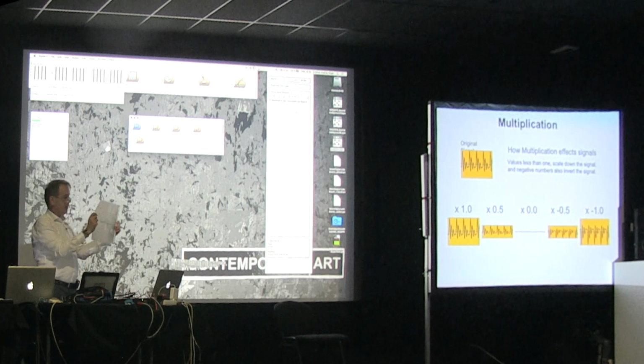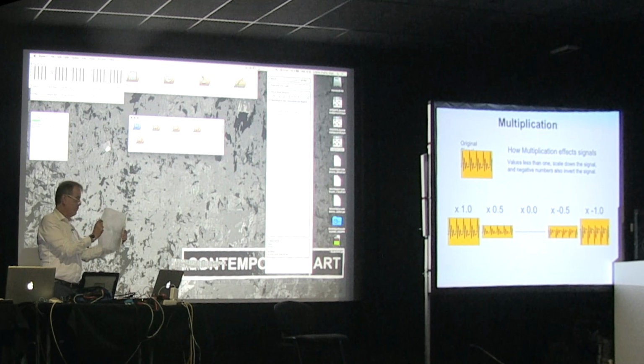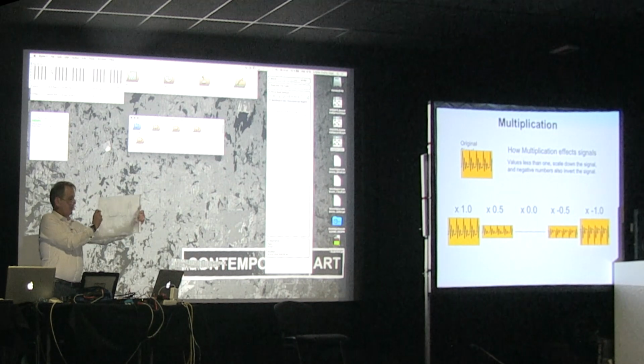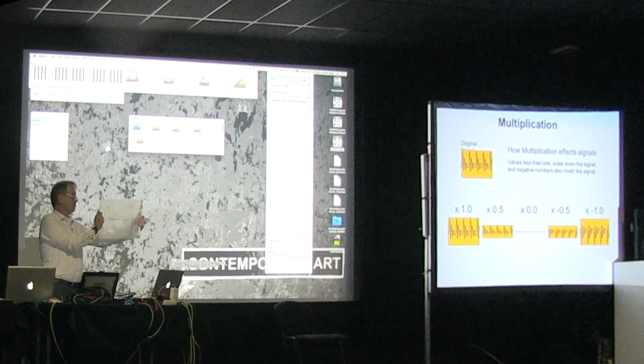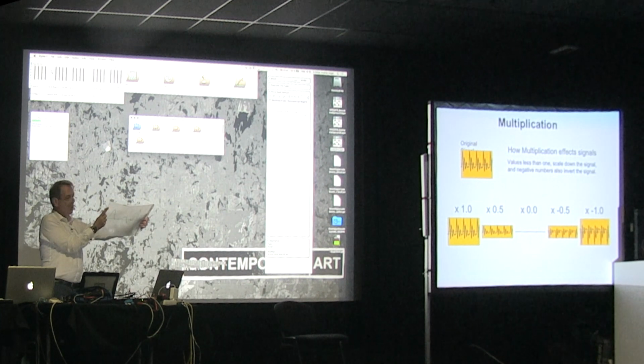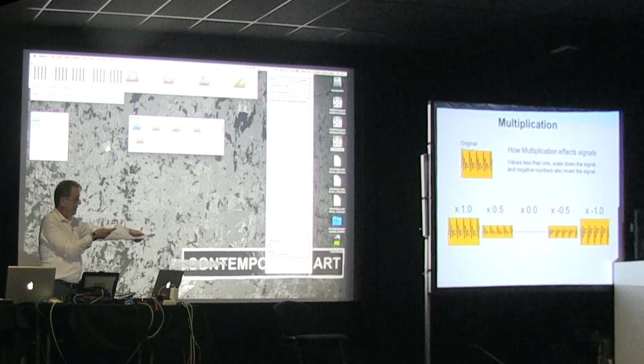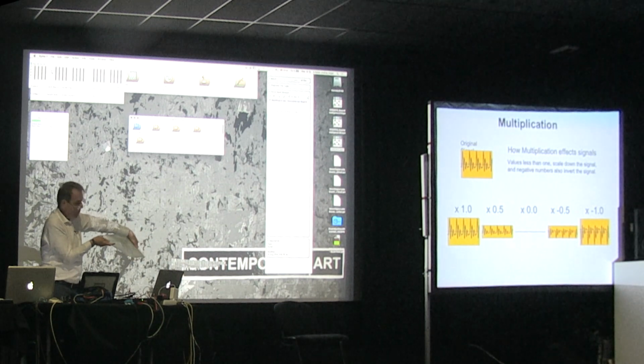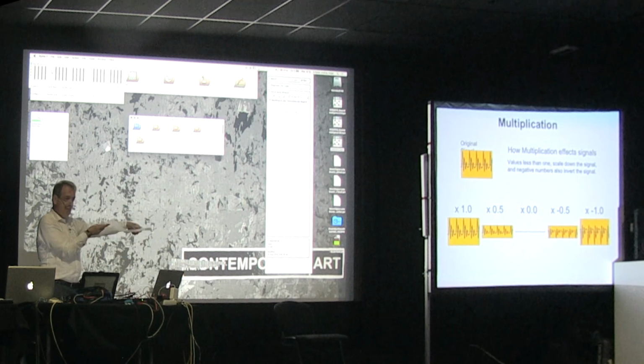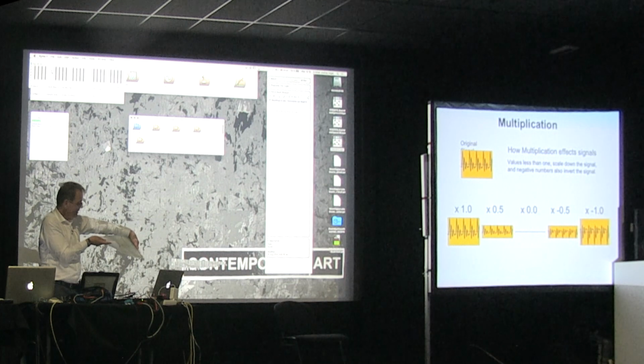If I'm going to multiply by numbers that are less than 1, then if you look at it straight on, that's the equivalent of multiplying it by 1. But if you look at it at an angle, then what you're seeing now has been multiplied by, say, 0.5. If you look at it edgeways on, you see nothing. That's multiplying by 0. If we carry on, you're now multiplying by a negative number. So the waveform has in effect turned upside down.